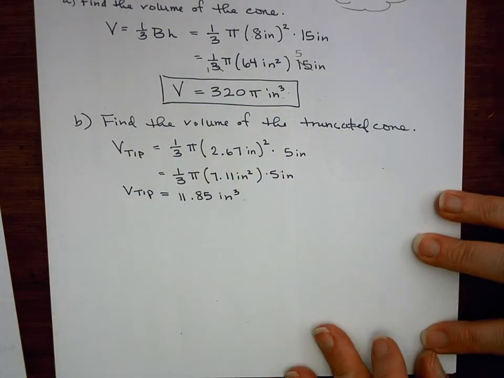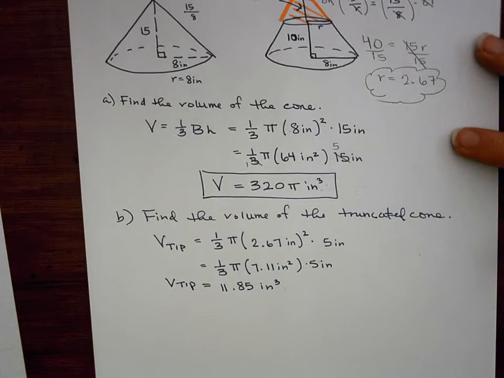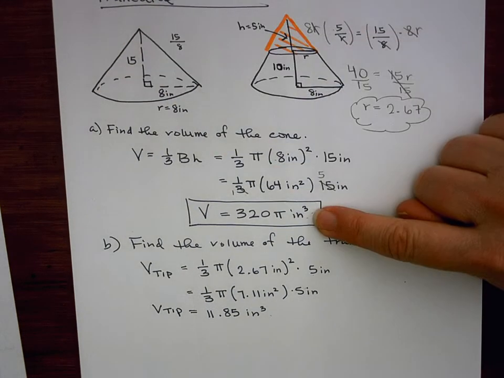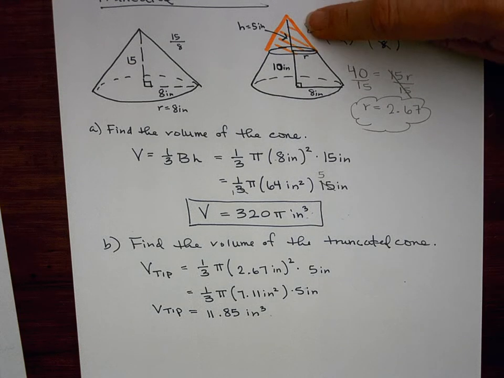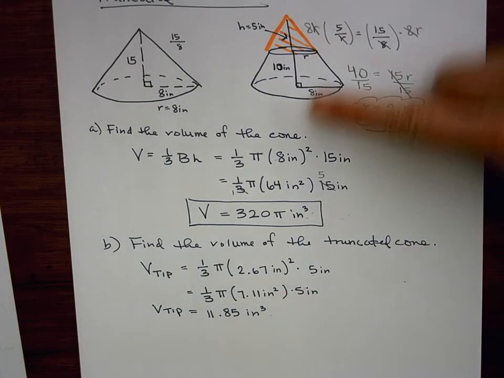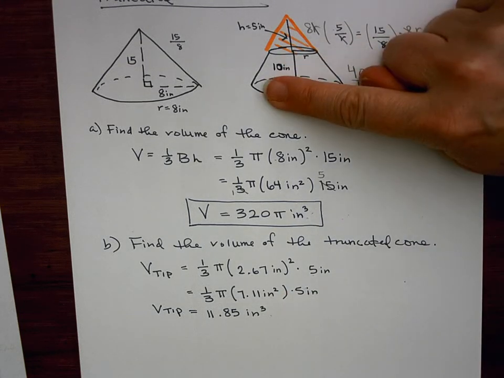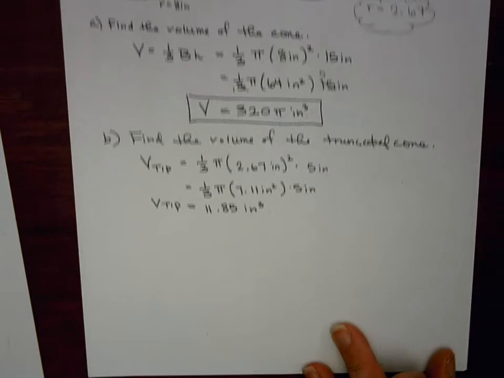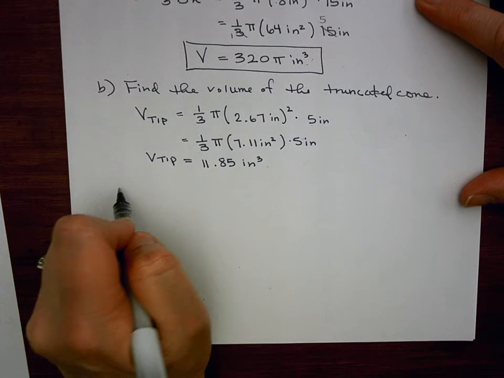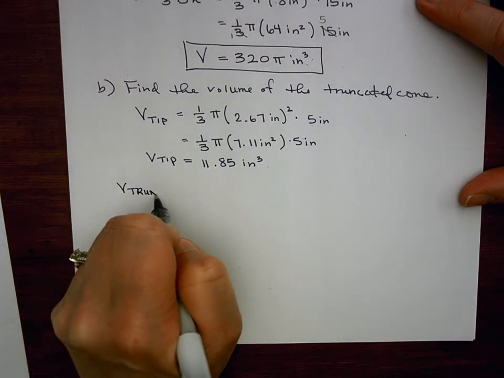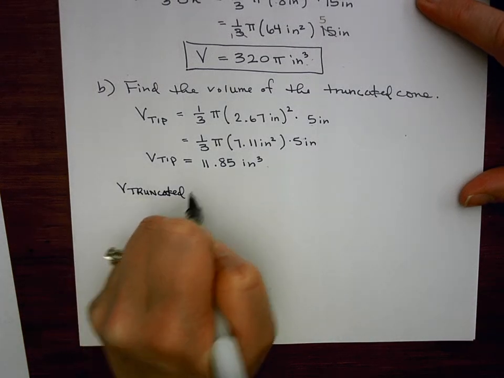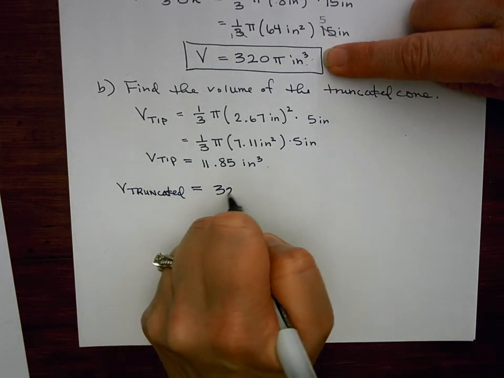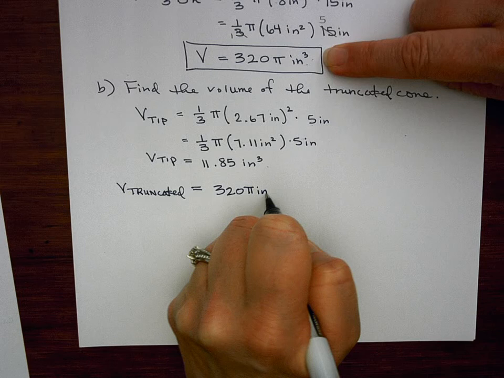All right, so let's look at our picture again. So I know that the whole cone is this, and I know the tip of the cone is that. So if I want to find this part, the truncated part, then I just need to subtract these two, okay? So the volume of the truncated is equal to the volume of the whole cone, and then minus the volume of the tip.